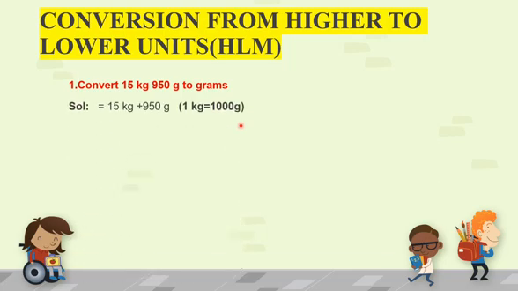So let's go to the solution. We first separate 15 kg and 950 gram into two addends. 15 is in kg form and 950 is in gram form. Now we know 1 kg equals how many grams? 1000 grams.